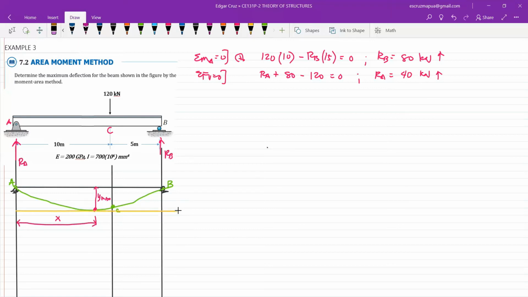Tangent line at the lowest point or at Y max. Ibig sabihin, yung slope doon is 0 kasi horizontal eh.